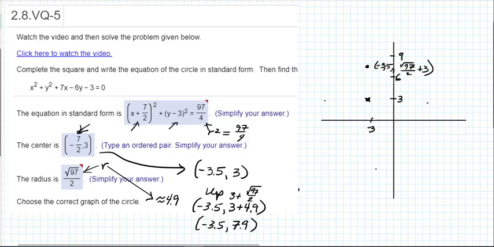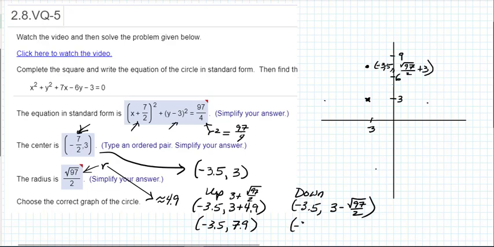And then I also want to go down the square root of 97 over 2 from the center. So if my center is (negative 3.5, 3), I want to subtract that 4.9, or subtract the square root of 97 over 2, from the y coordinate, because we're going down. So we're going to have 3 minus the square root of 97 over 2.